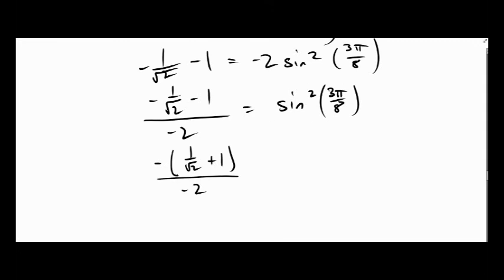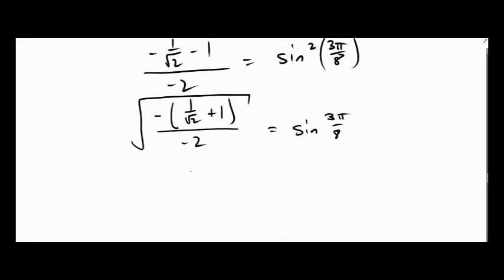My last step is take the square root of both sides, because that's how I'm going to undo the sine squared. So then I'm going to take the square root of all of this is equal to sine of 3 pi by 8. And just to simplify, I'm going to write it the other way, sine of 3 pi by 8 is equal to the square root of 1 over root 2.